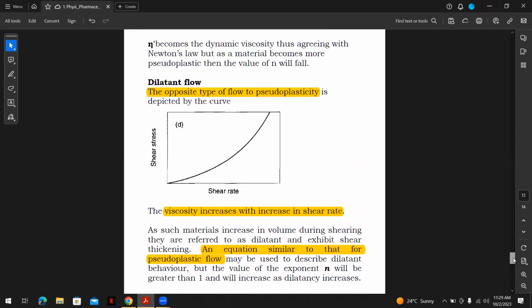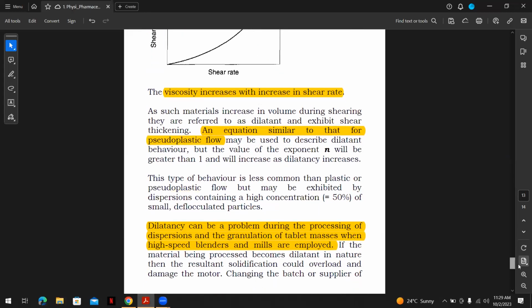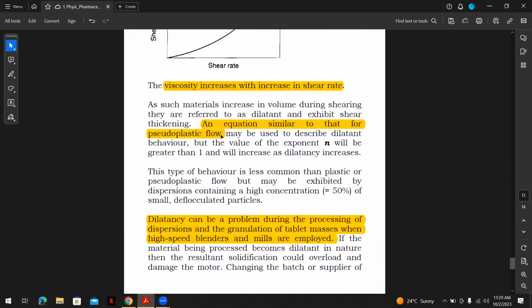So you remember the equation, it was sigma equals eta gamma to the n, this one. You've seen this equation. You remember it was for pseudoplastic flow. So in dilatant flow, we are saying the value will be greater than 1.